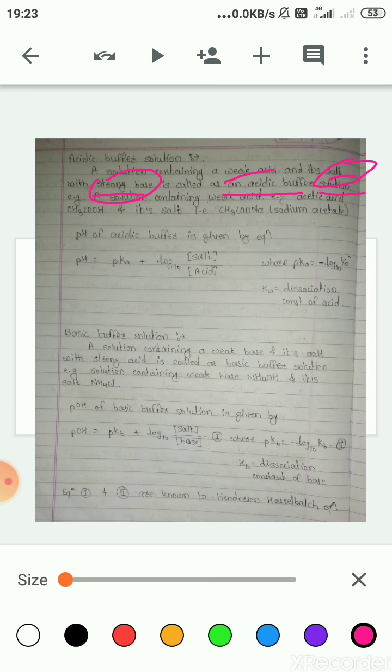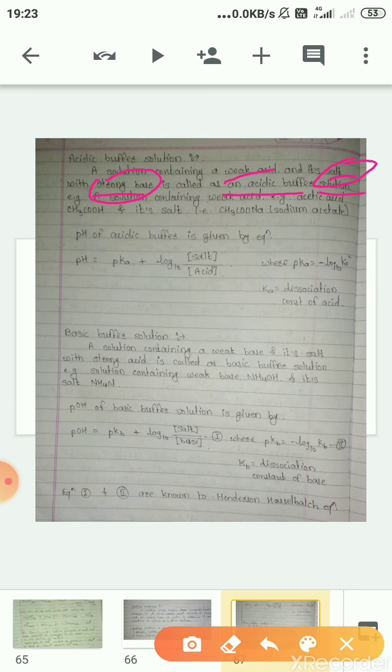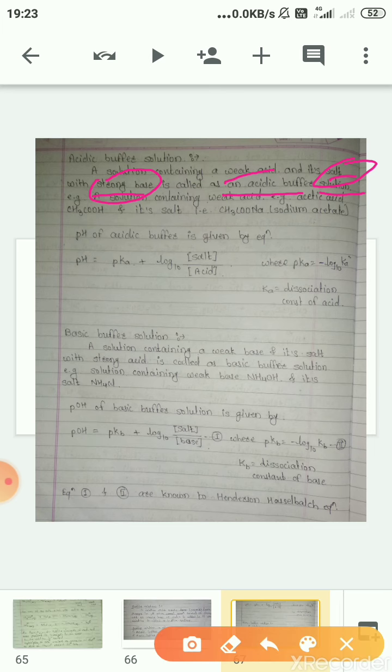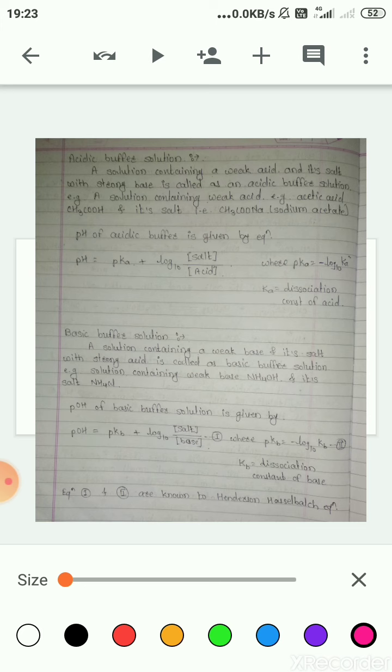Now just consider the example of a solution of acetic acid and its salt. Acetic acid and its salt means the hydrogen of acetic acid is replaced by sodium or potassium.